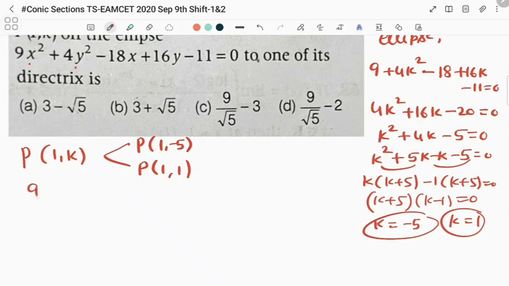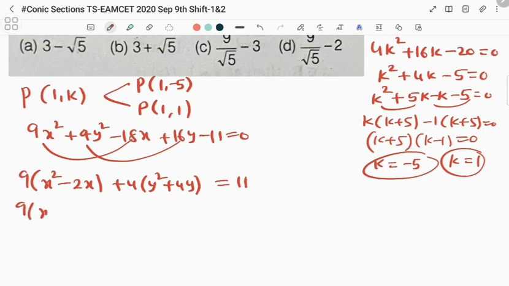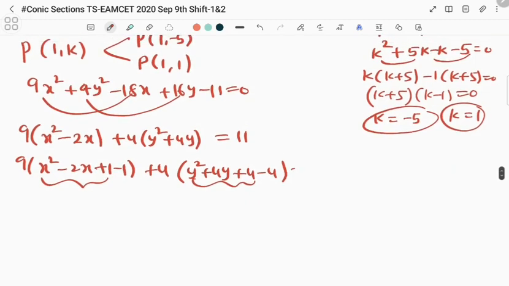So the given equation of ellipse is 9x square plus 4y square minus 18x plus 16y minus 11 equal to 0. From the x terms take 9 common, from the y terms take 4 common. 9 times of x square minus 2x plus 4 times of y square plus 4y is equal to 11. To make the perfect square, 9 times of x square minus 2x, we add and subtract 1, which gives the expansion of x minus 1 whole square. 4 times of y square plus 4y plus 4 minus 4 is equal to 11.